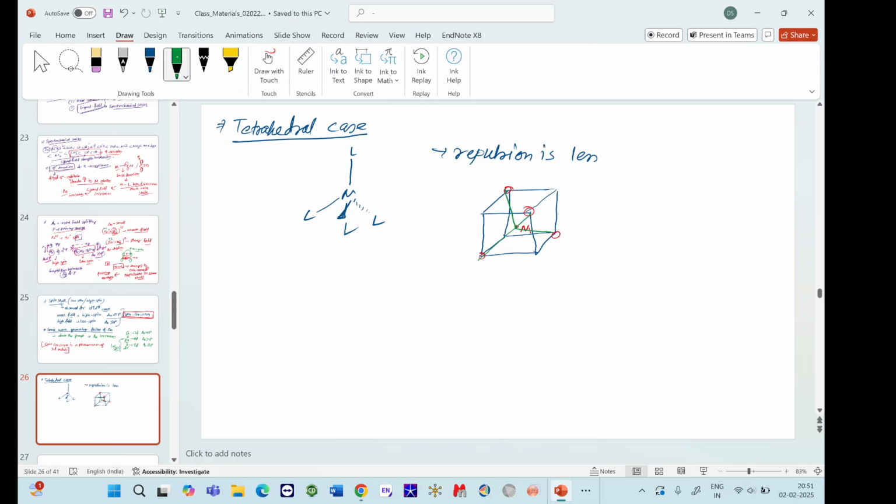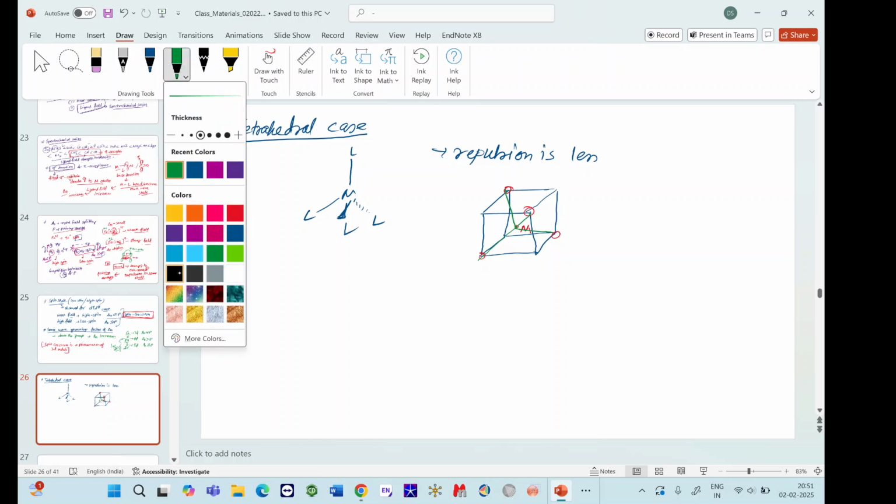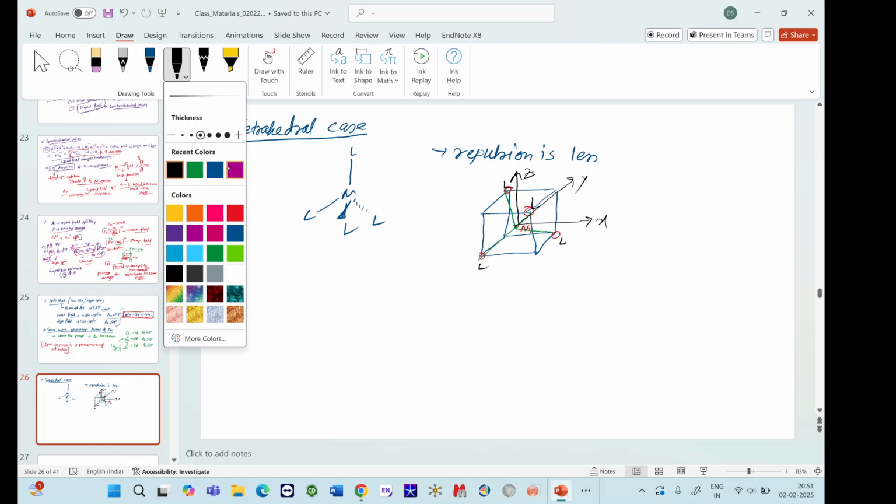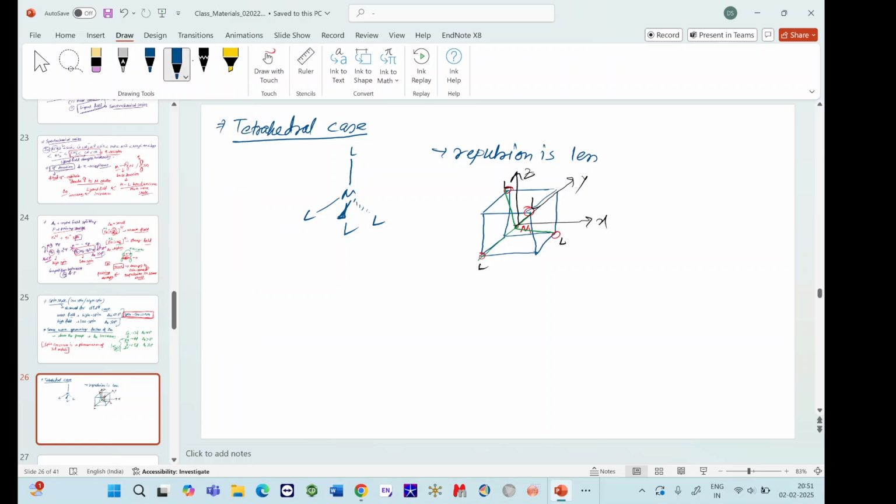So what you can see from here is that you have X along here, Y along here, and Z along here. None of the ligands are along the axis. So they are all in between the axis, right? Because of that, let me rewrite this.